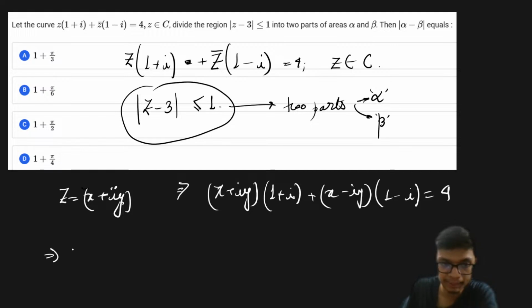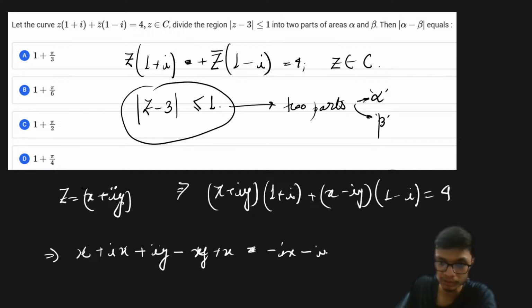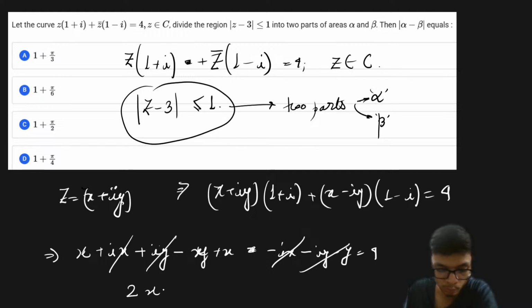If you simplify it further, I get x plus iota x plus iota y minus y plus x minus iota x minus iota y minus y equals 4. Now you can simplify this: this part and this part get cancelled, this part also gets cancelled. So ultimately you are left with 2 times x minus y equals 4, which is basically x minus y equals 2.